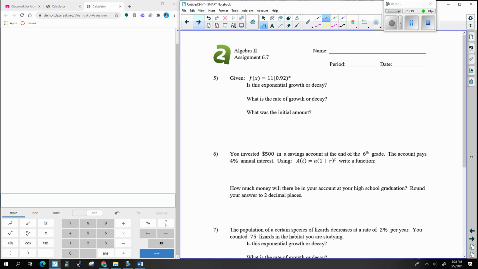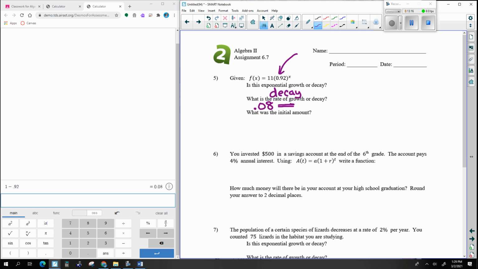Is this growth or decay? This is decay. Again, look at that number. That number is smaller than 1. How much smaller than 1 is it? Let's do a basic subtraction: 1 minus 0.92 is 0.08. That is 0.08 smaller than 1.